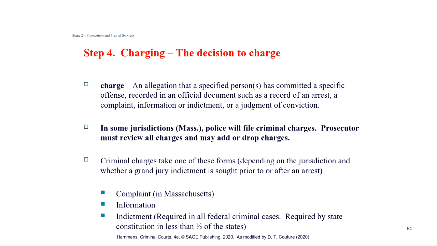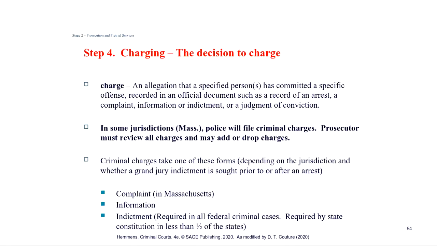Okay, so there are 3 different types of charging documents. If it's prior to a grand jury indictment, but post-arrest, it's called a complaint. And if it's post-grand jury indictment, it's called an information. I'm sorry. In states that do not have a grand jury requirement, it is called an information.